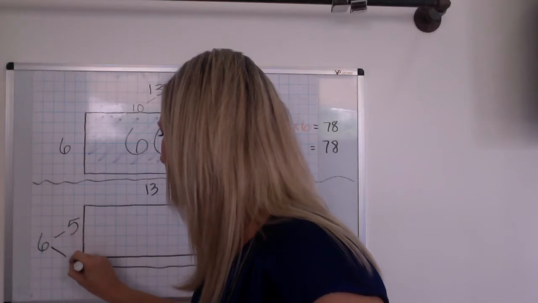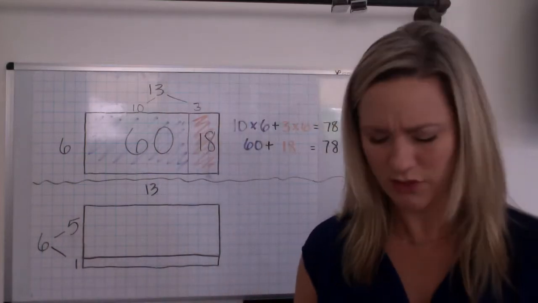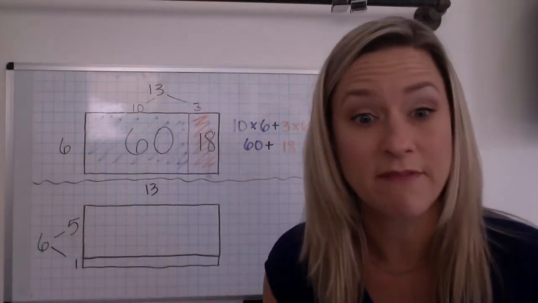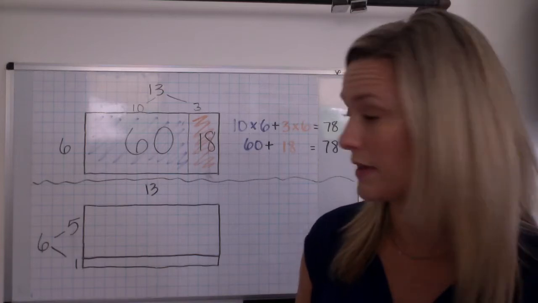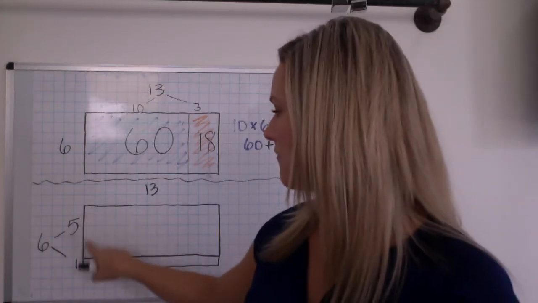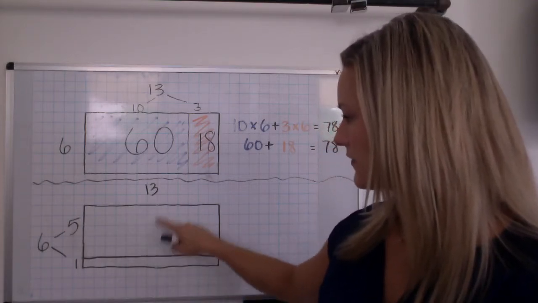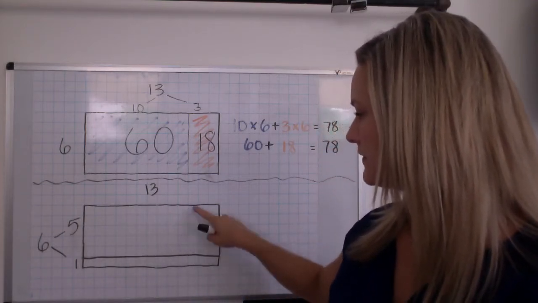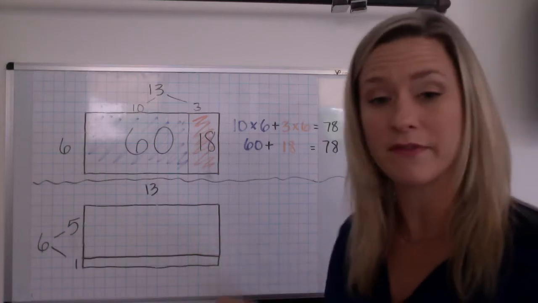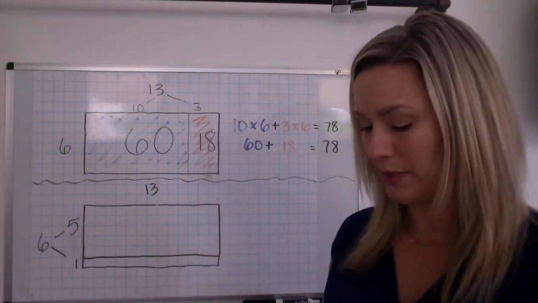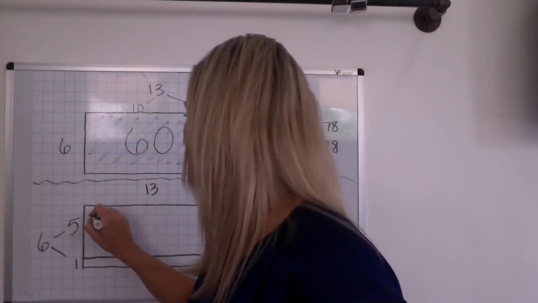And then one more. Okay, so I could do that because counting by 5s is fairly easy for me to do in my head. So I could do 5, 10, 15, 20, 25, 30, 35, 40, 45, 50, 55, 60, 65. Okay, so that would be 65.